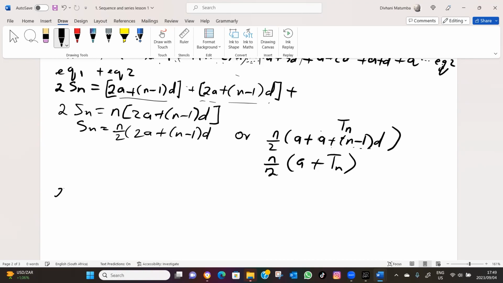Number 2, we're not going to do the quadratic summation because it's not part of the grade 12 syllabus. So we're going to do the summation for geometric sequences.